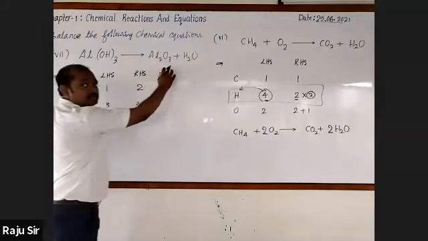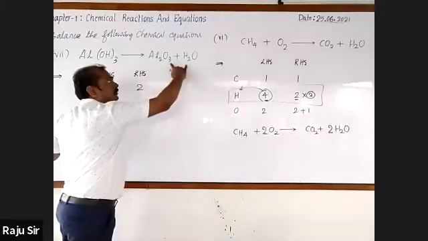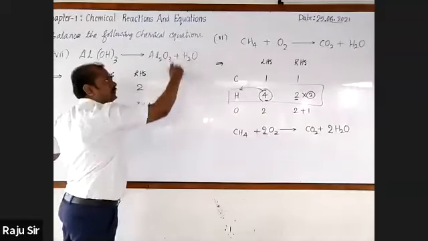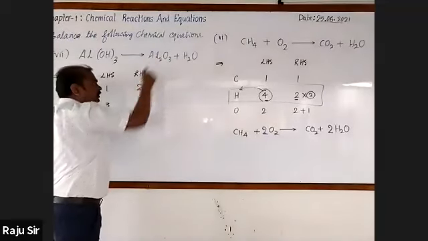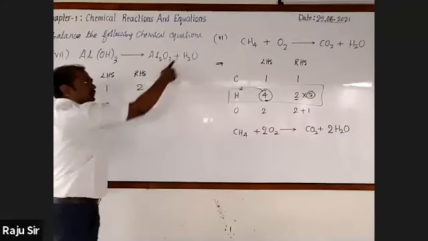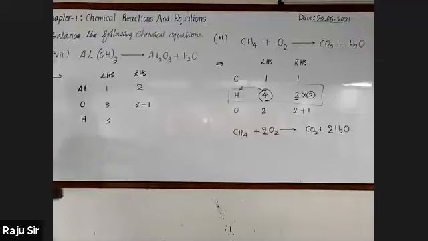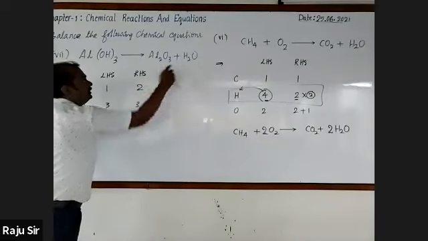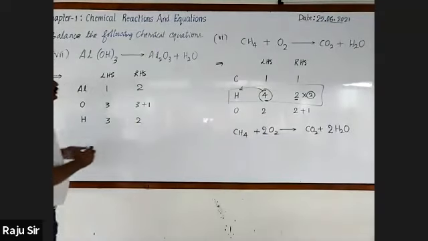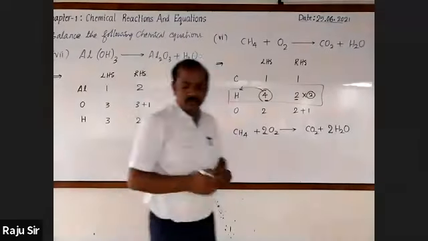See, the oxygen atoms are distributed to 2 compounds: in aluminum oxide, 3 atoms of oxygen, and in the second compound, water, 1 atom of oxygen. Then hydrogen here has 2 atoms.